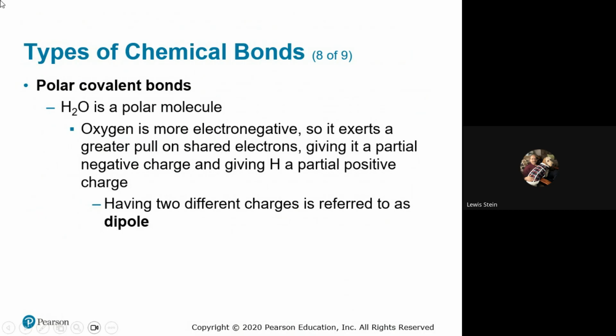And you will see that if a molecule has OHs, because they're very similar, NHs, PHs, and SHs, any of those bonds are going to have a tendency to form polar covalent bonds.